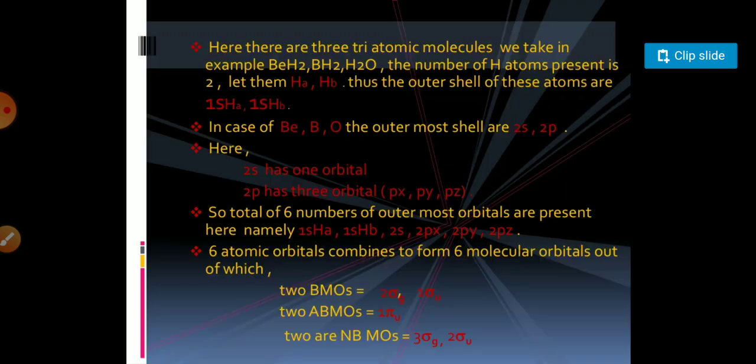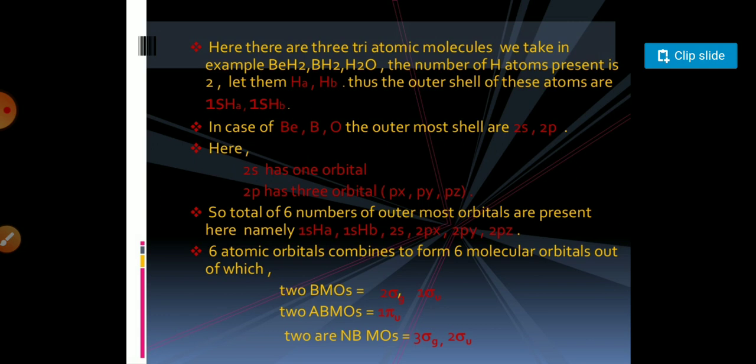Next, in the above diagram there are three triatomic molecules, for example BeH2, BH2 and H2O. The number of H atoms present is 2 for each molecule. Let us put HA and HB for each molecule. Thus, the outer shell orbitals of these atoms are 1s HA and 1s HB.